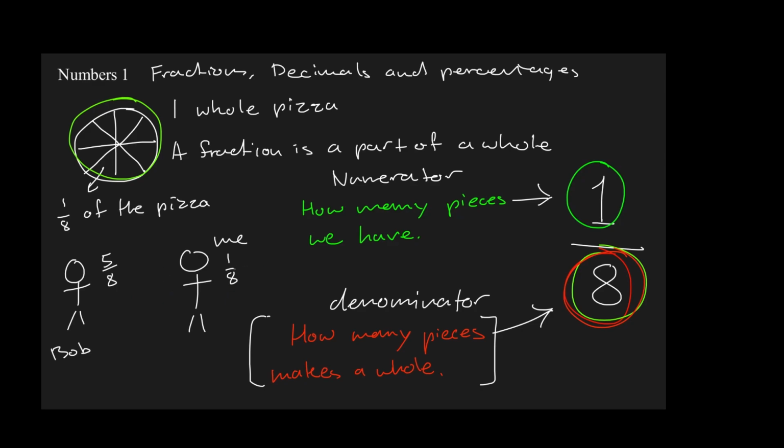It doesn't change because why would it change? The pizza has not changed. We haven't cut more slices. We haven't added more slices or more material. It's just the same. The only difference is I've taken 1 piece, whereas he has taken 5. We can represent fractions in 3 different ways. The first one is the normal one, which we're usually pretty used to, called proper fractions.